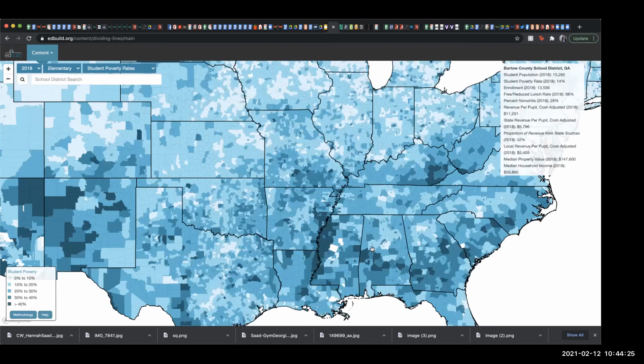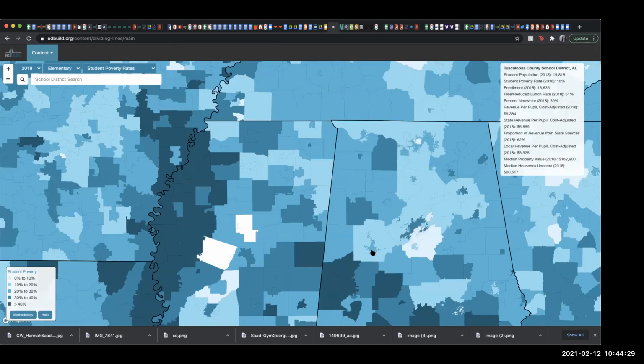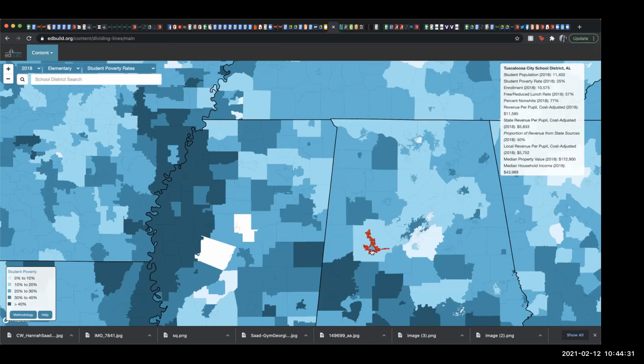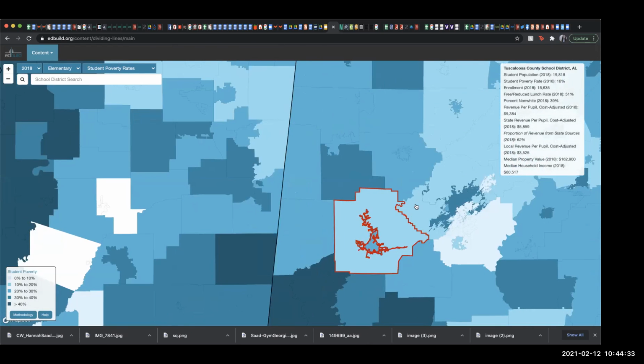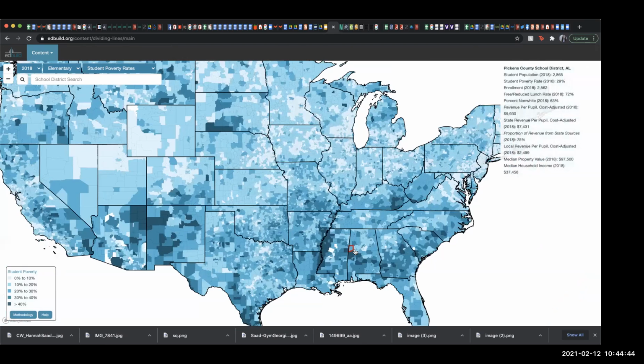Tuscaloosa City School District, and it basically shows poverty levels, segregation. And so this is all stuff that you can be doing as a high school journalist.